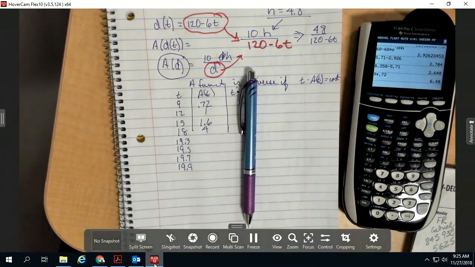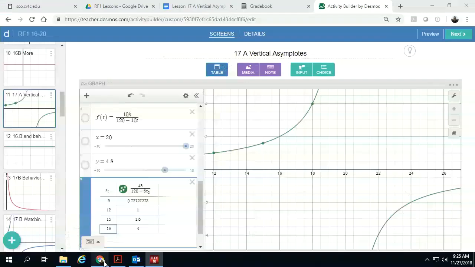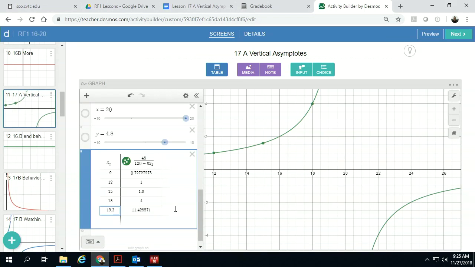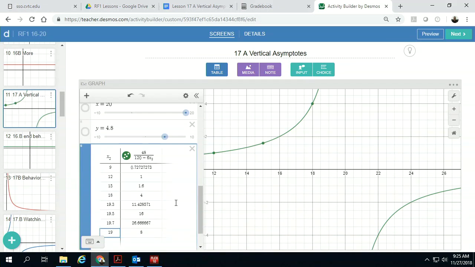That's why having that in Desmos is super cool, because now we can just put into our table 19.3, 19.5, 19.7, 19.9, and we can see that our size goes from 11 to 16 to 27 to 80.